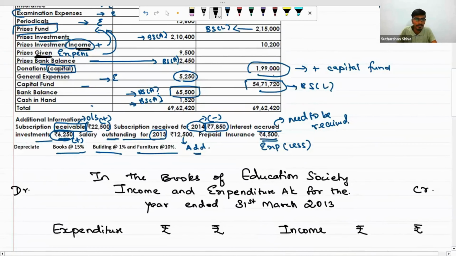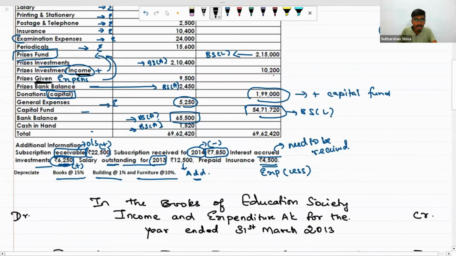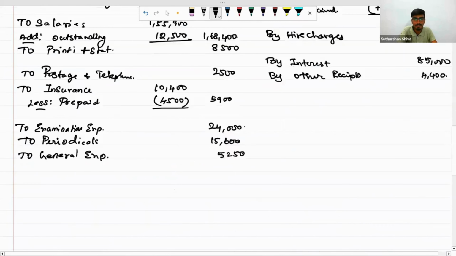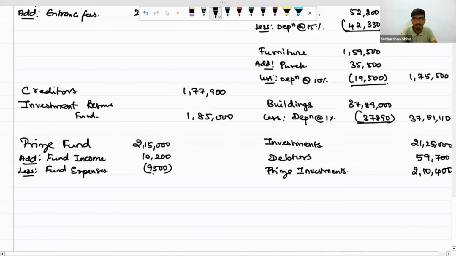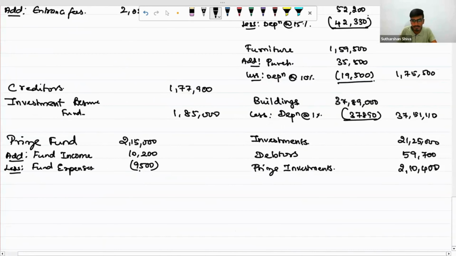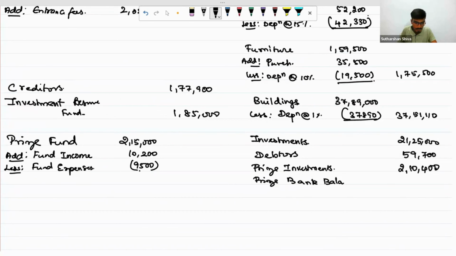Then what have they given? Price bank balance, the remaining balance left. What is the value they have given? 2450.